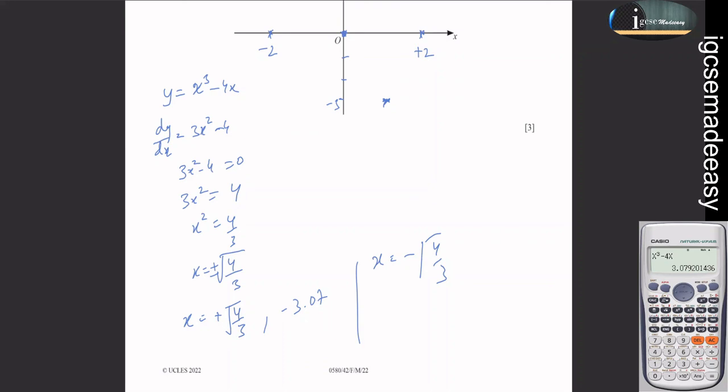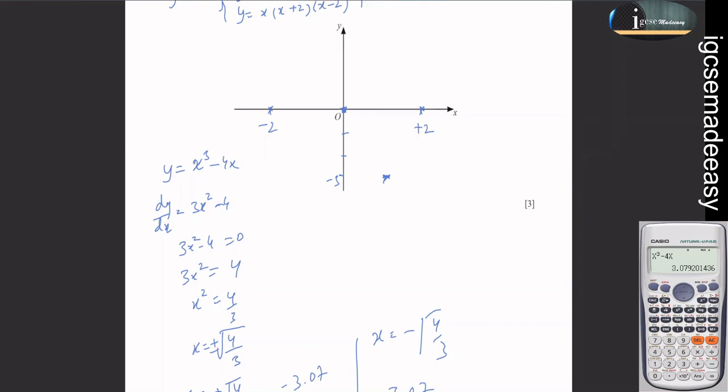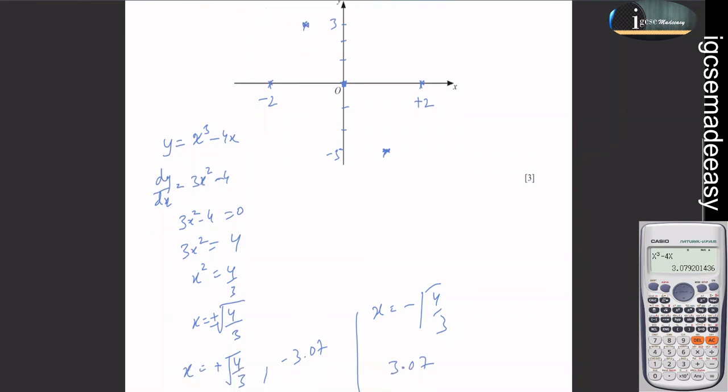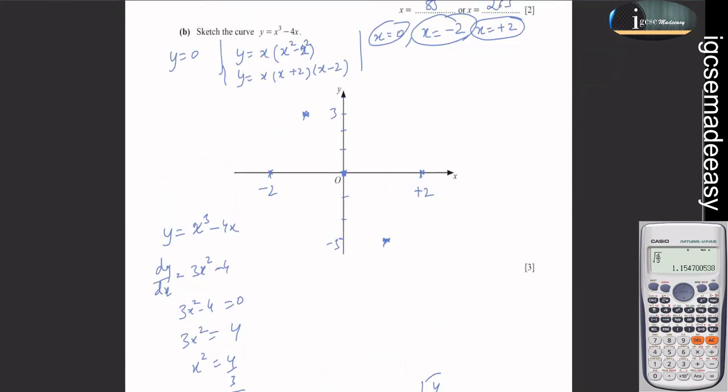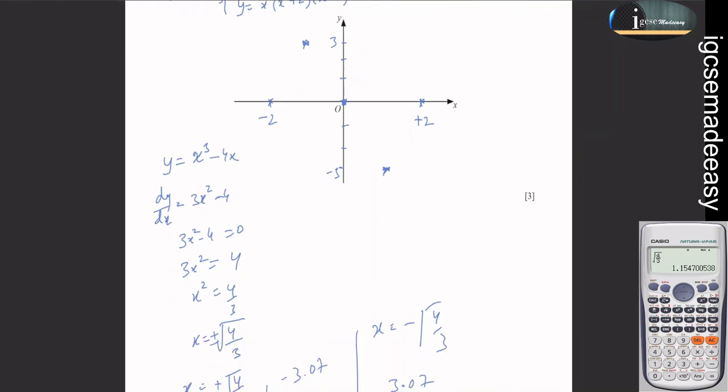So in this case we are getting plus 3.07, and that's around here, 1 2 3, plus 3 point something. And under root of 4 by 3 was actually equal to 1.154. It means that the curve turns at plus 1.154 and minus 1.154.